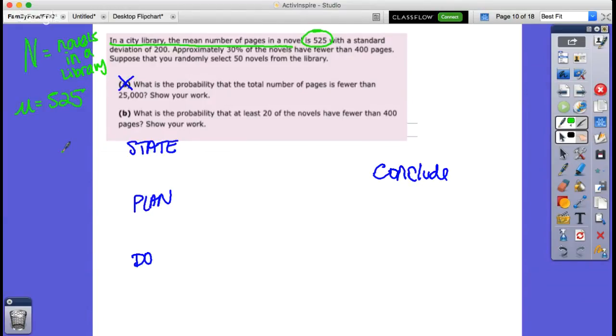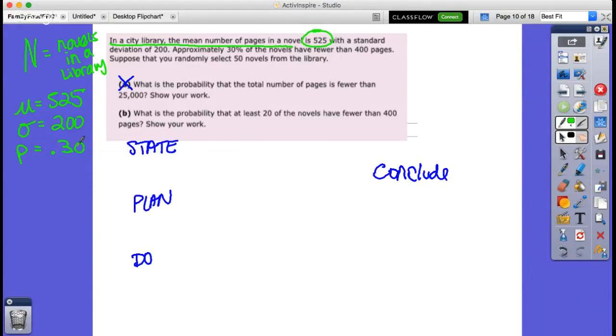It says with a standard deviation of 200. So my standard deviation would be 200 pages. But then it says this, approximately 30% of the novels have fewer than 400 pages. So if we talk about that 30% of all these novels, we're going to talk about that as P, because there's no sample being conducted.